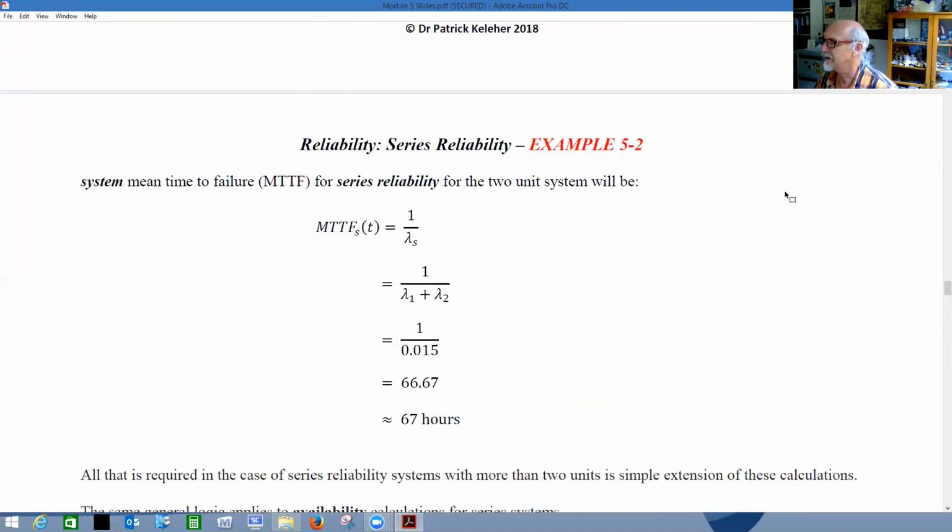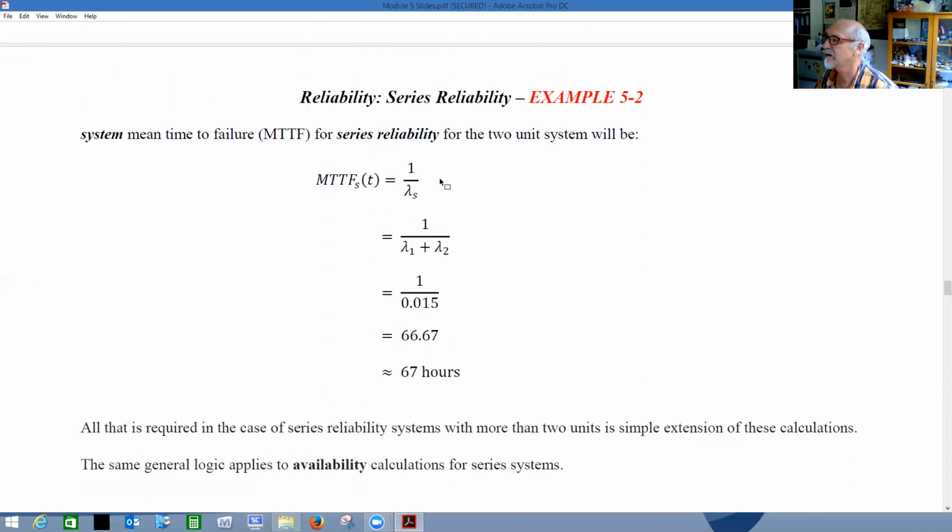The system mean time to failure was 1 over lambda s, which in this case there were 2 units, one with lambda 1, and the other with lambda 2. So what we're saying here is that the mean time to failure is about 67 hours for that 2-unit system. So that enables us to think about how we go about scheduling. We know more about the reliability of that system now.